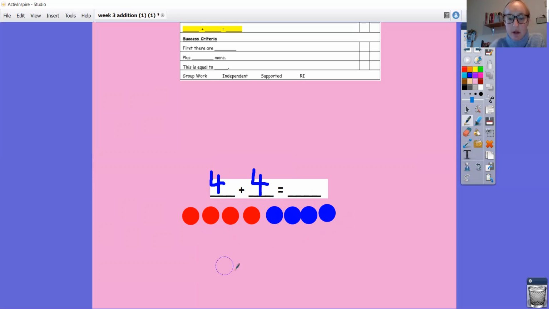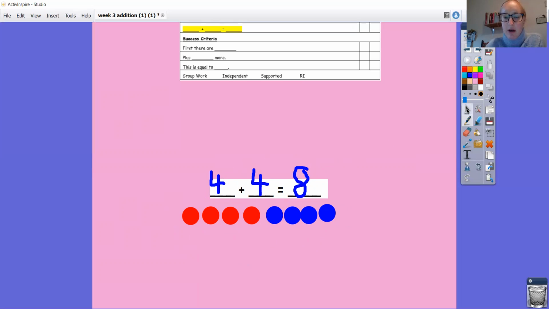What is my equal amount? So 4 plus 4 equals how many? Well done. If you're saying at the screen then that the equal amount is 8. So I can say that 4 plus 4 equals 8. Can you have a go at saying that? 4 plus 4 equals 8.